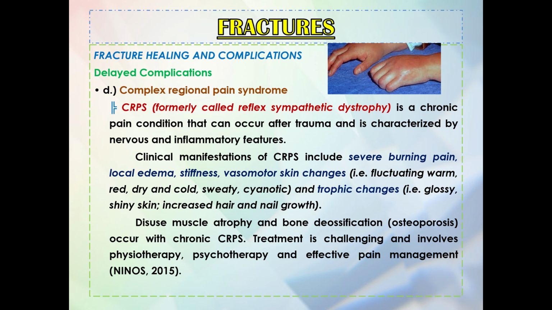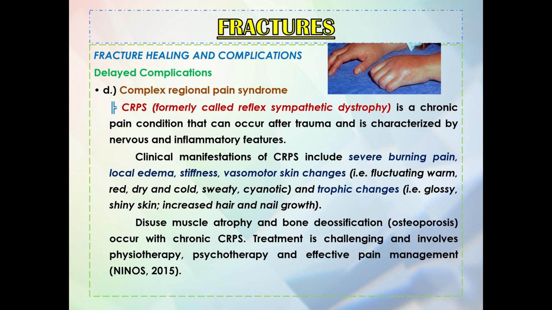So, those are the different complications involving fracture. So, meron tayong early complications such as shock, what else? Si compartment syndrome, and then si FES. And then meron tayong delayed complications such as non-union, malunion.